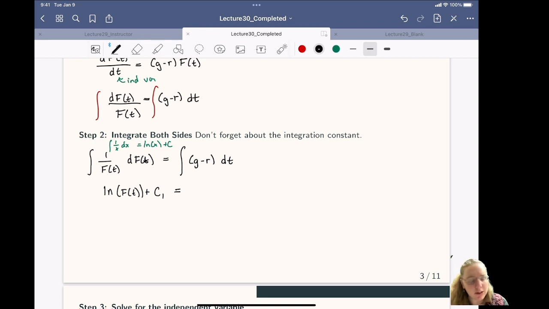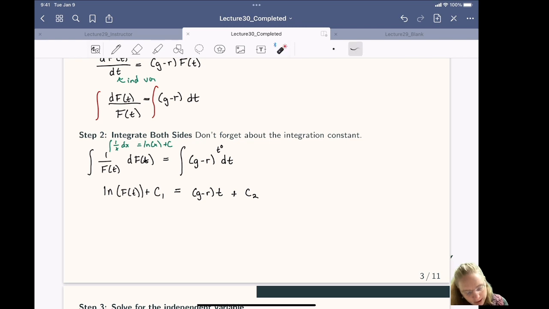All right, similarly, we have the integral over here. This is simply an integral of a constant. This has a little t to the 0th in it. We're going to use the inverse power rule to get g minus r times t. Now, don't forget your integration constant. We have a c2.